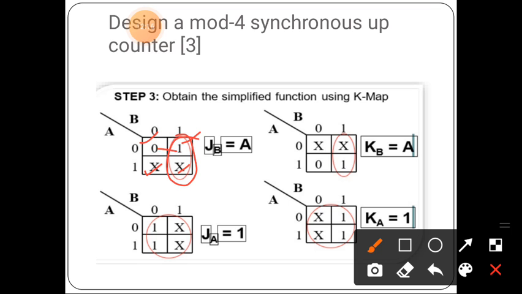Then A is eliminated, and only B remains.